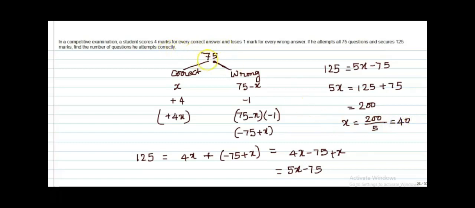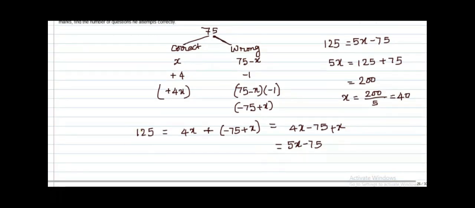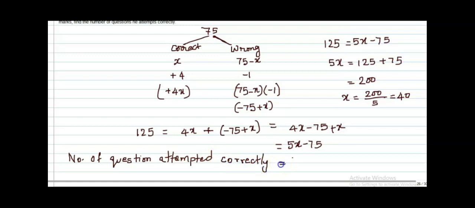So out of 75 questions which he has attempted, 40 are answered correctly and the remaining are answered wrongly. So the number of questions attempted correctly is equal to 40.